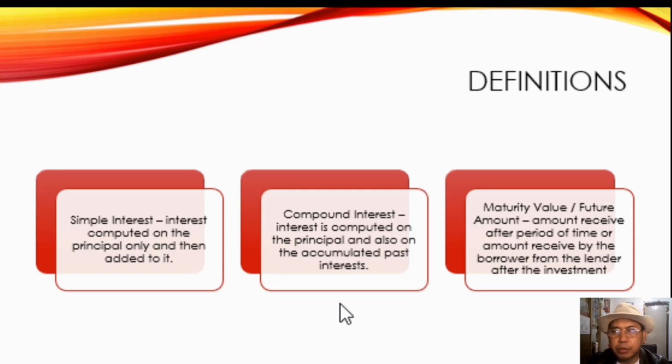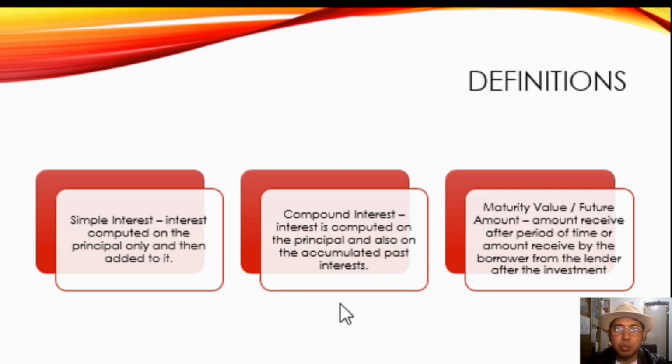Now what about the term maturity value or future amount? What do we mean when we say future amount or maturity value? When we talk of maturity value, this is the final amount after the period of loan. So, using the same example, after 2 years, what would be the final amount using the compound interest?